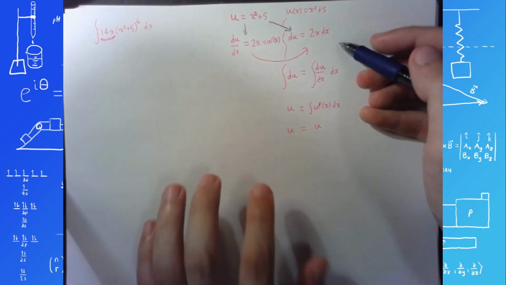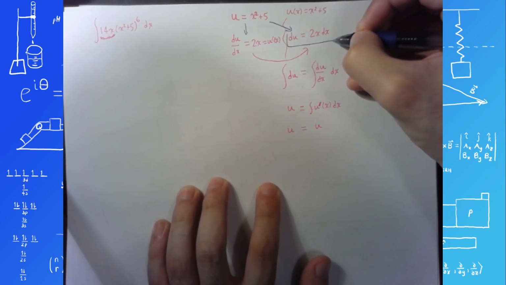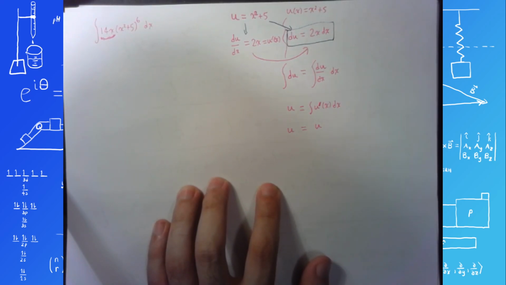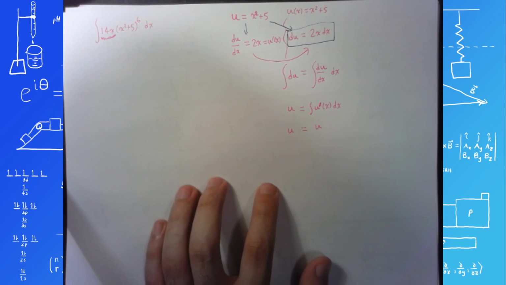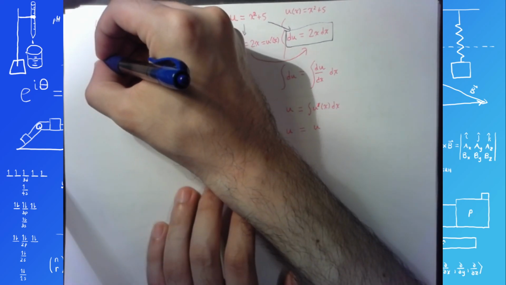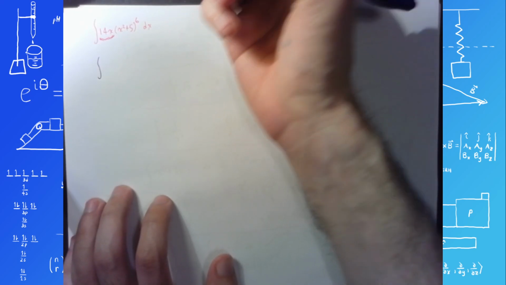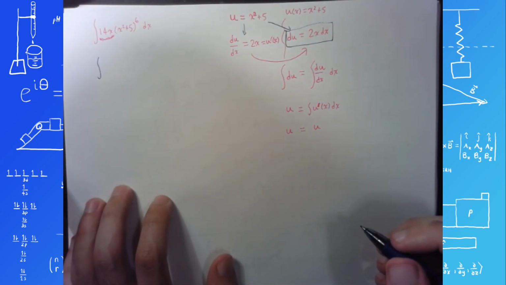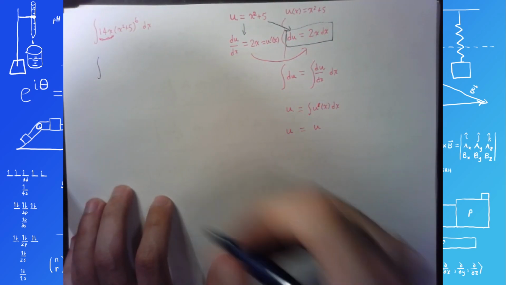What do I do with this? Well, this allows me to find a 2x dx in my integral and replace it with du. So what I'm going to have is, well, let's see, where's my 2x dx? I have it.